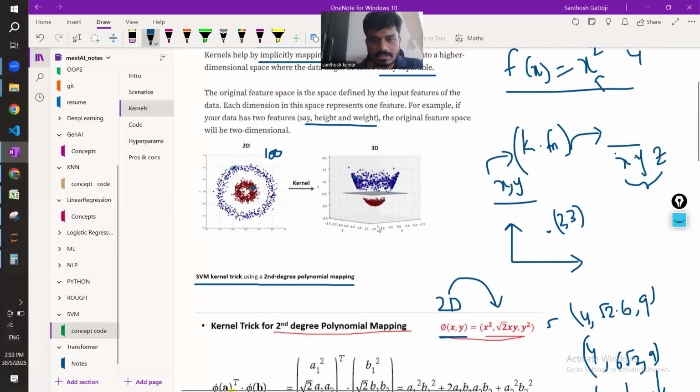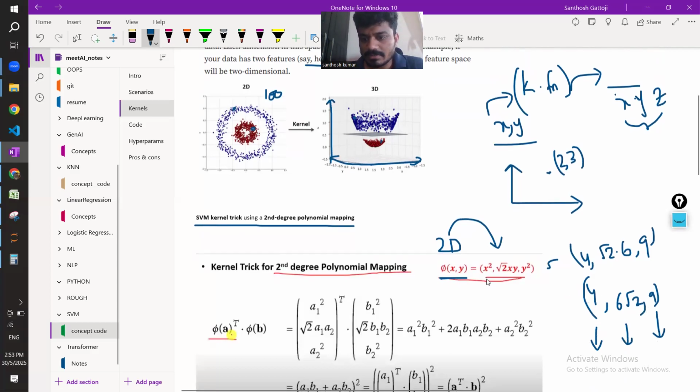So these will be the new coordinates. The kernel function will give you the output in this way.